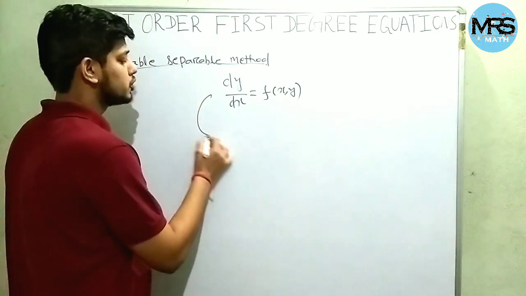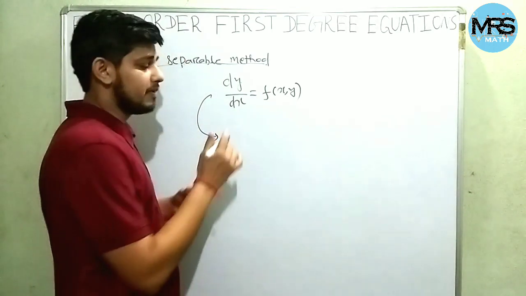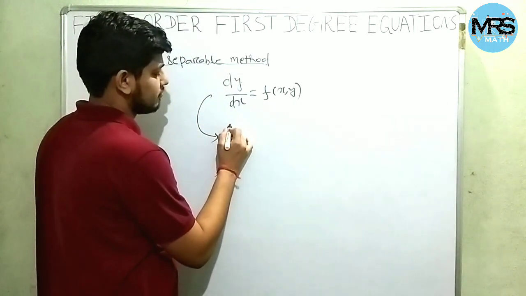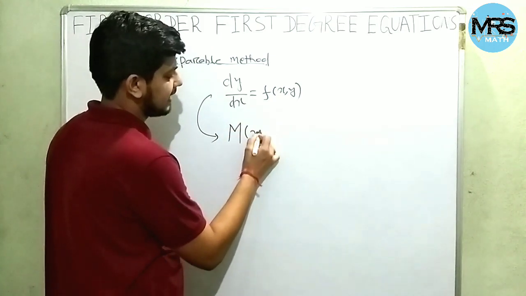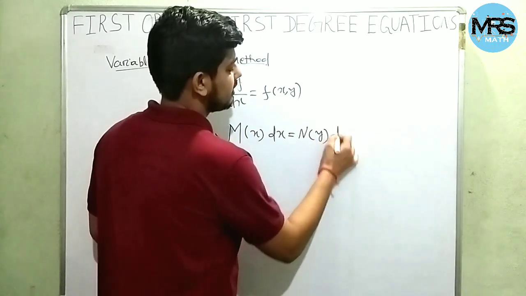This equation I can write as m of x dx equal to n of y dy.